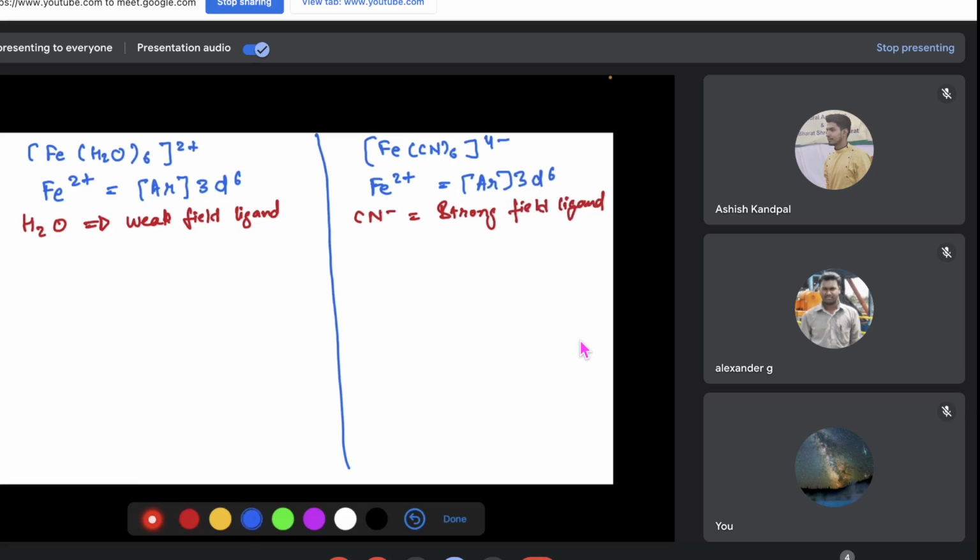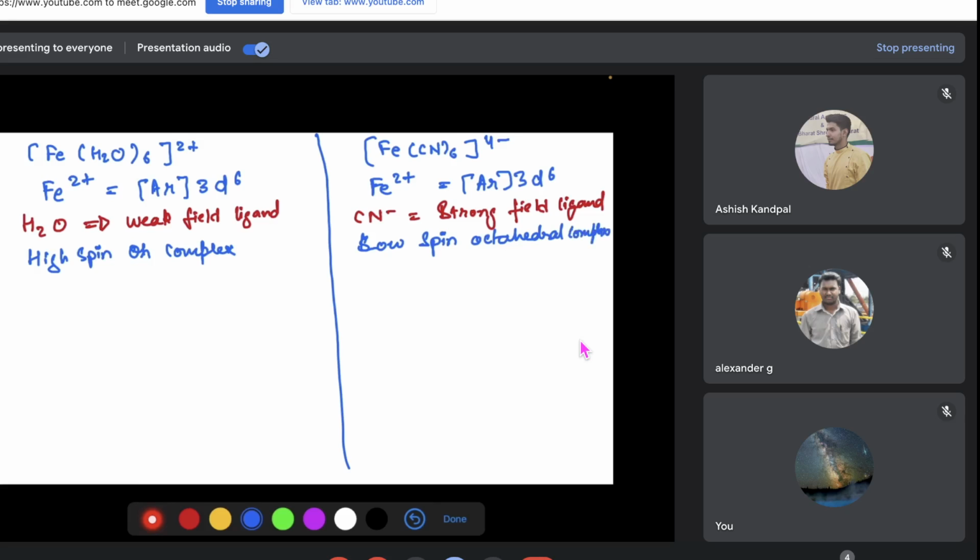So this will make a high spin octahedral complex, and this will make a low spin octahedral complex.